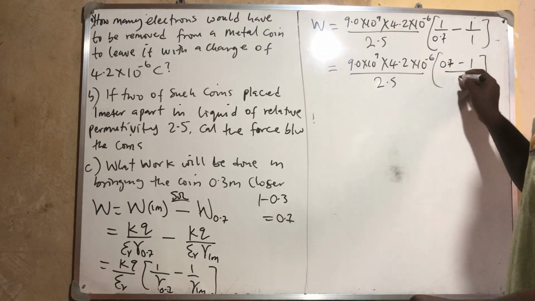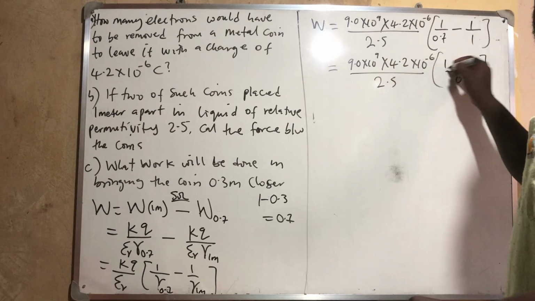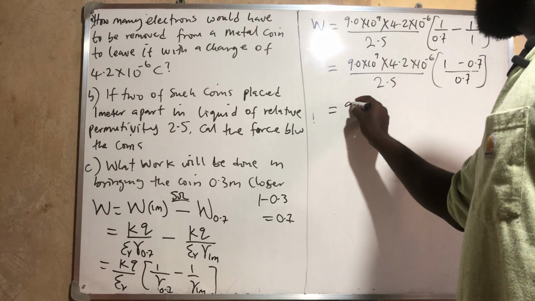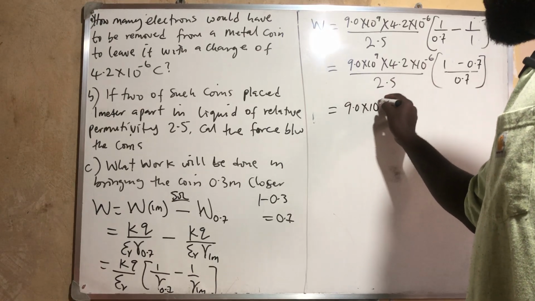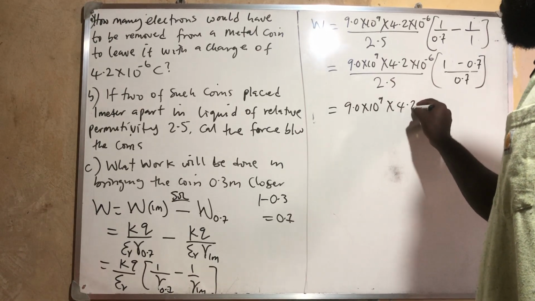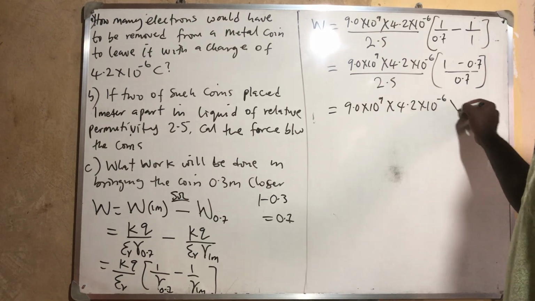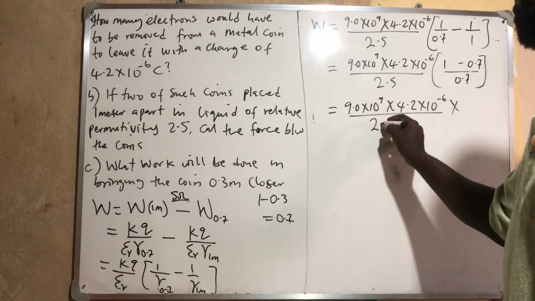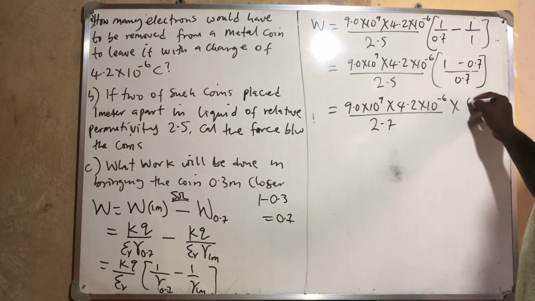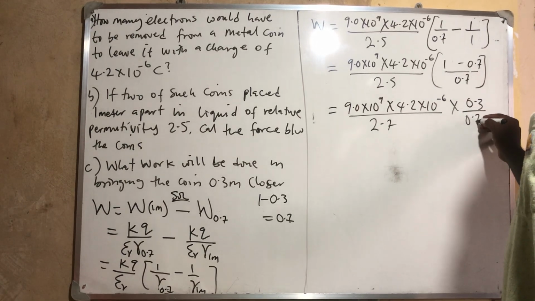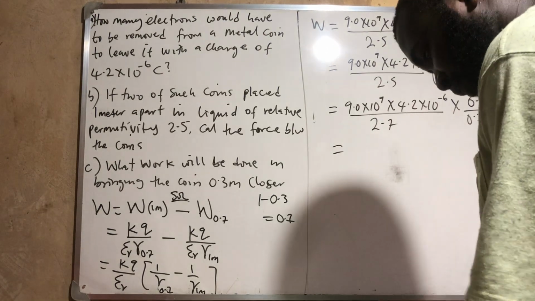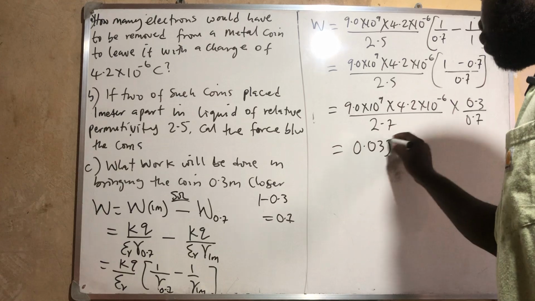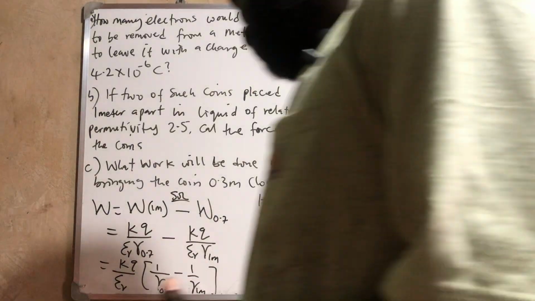So I'm going to have 9.0 times 10 raised to power 9 times 4.2 times 10 raised to power minus 6, divided by 2.5, while this is 0.3 over 0.7. So if you calculate everything, you're going to have 0.03 joules.